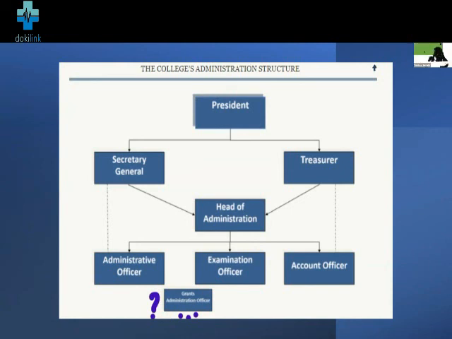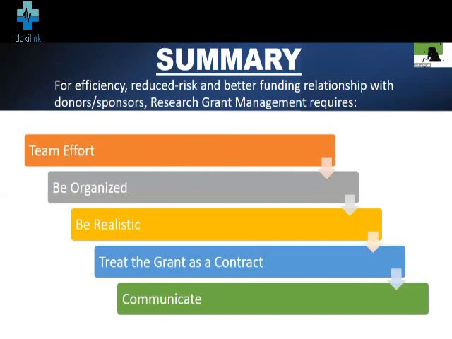Next slide. So in summary, we have looked at research grant management, and we have seen that it is something that starts right from when you begin to conceive the idea that you want to write for a grant award, through to when you get the award, and then, of course, the closeout process.